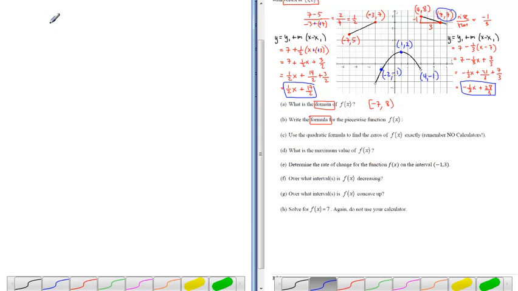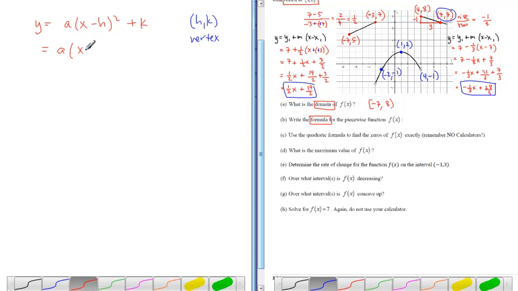For a quadratic, the vertex form is y equals a times x minus h squared plus k. The vertex is always going to be h, k. This is your vertex, which I know, so I can plug that in there.